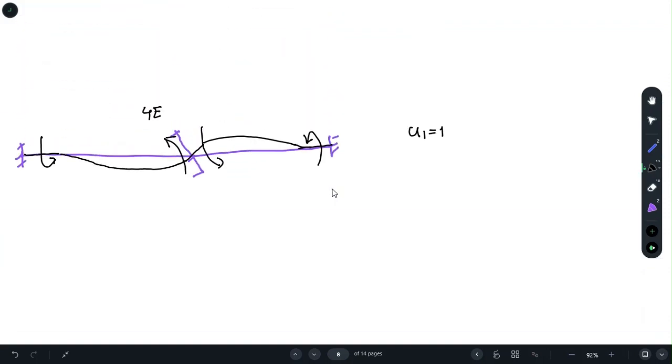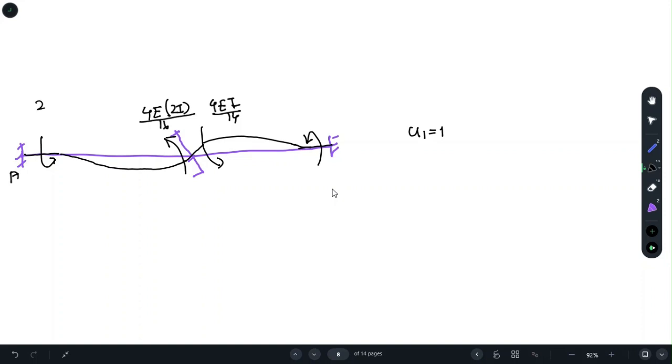So it will be 4E twice I over the length. The length was 16 feet, and for this it will be 4E simply I over 14. The span was 14, and at point A it will be half of this.